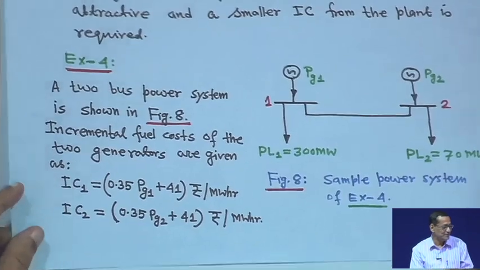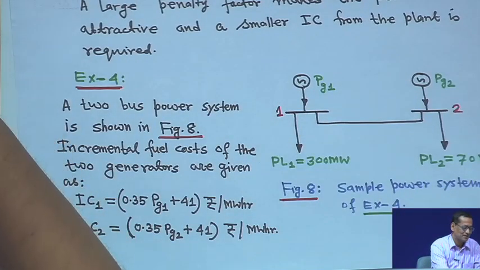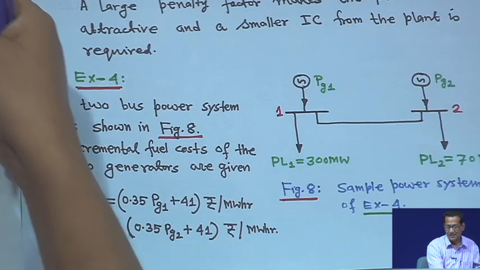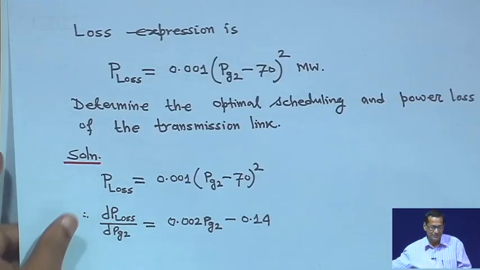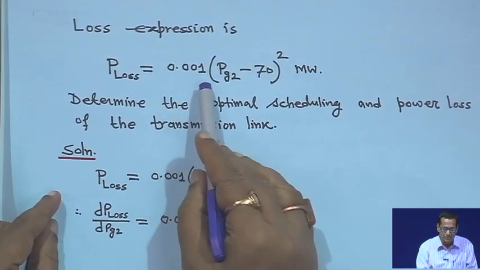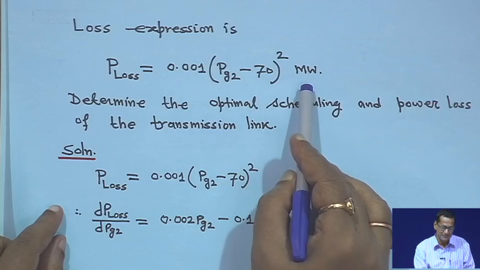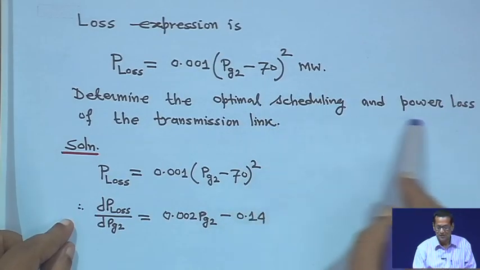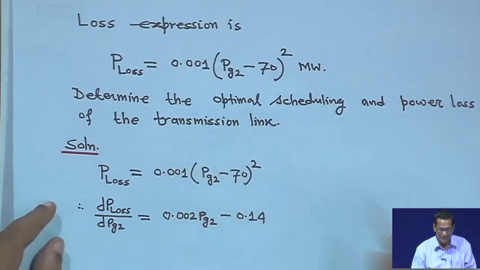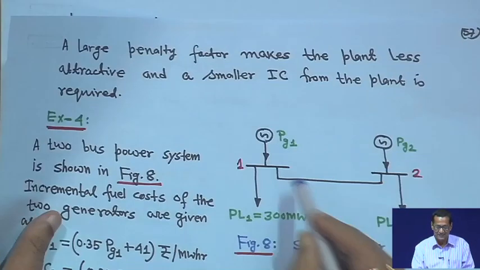Another thing is the loss expression. The power loss is given as Ploss equal to 0.001 (Pg2 minus 70) whole square megawatt. You have to determine the optimal scheduling and the power loss of the transmission link, that is, the line loss.